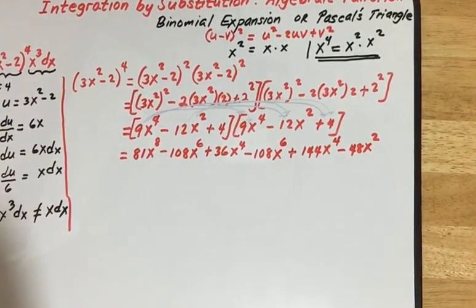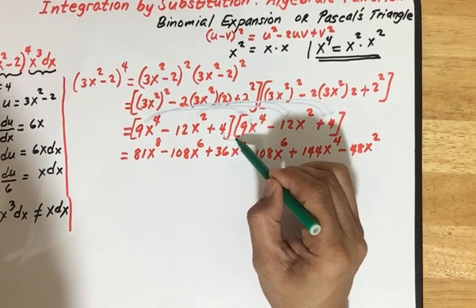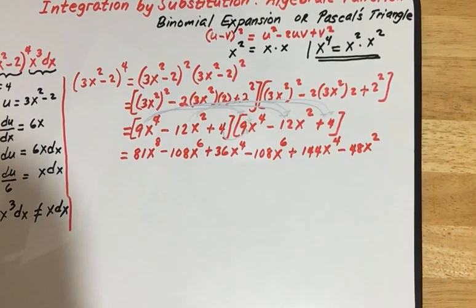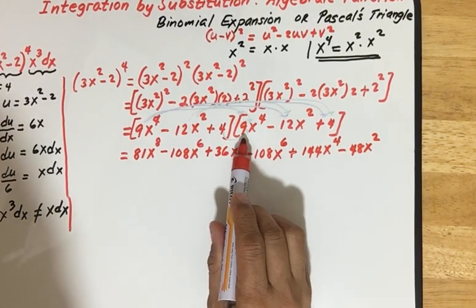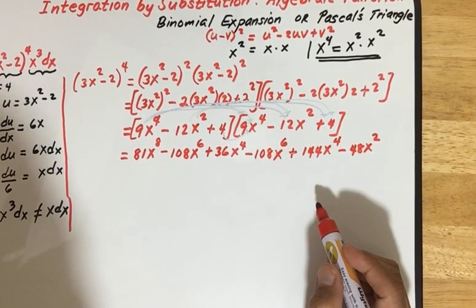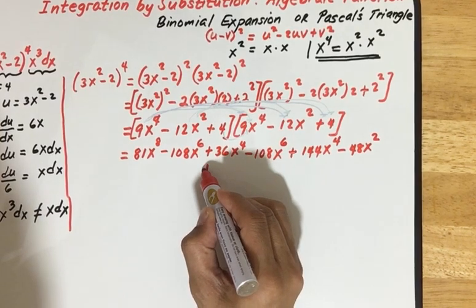Okay, so next, we don't have space anymore, so we have to put it down. No? So next is the third term individually. First term, so that would be 4 times 9, that is 36 x to the power 4, and that is plus, so I'll just put it here.